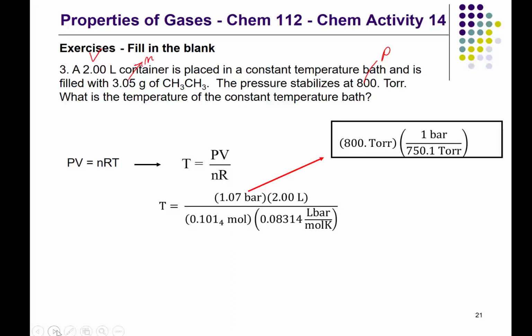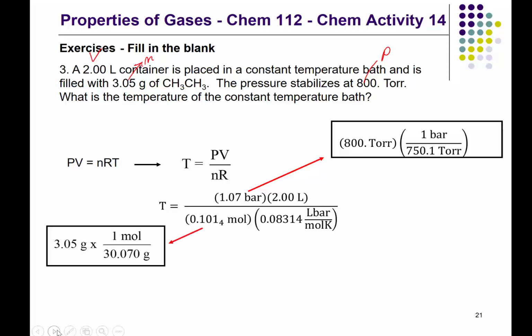Further, I'm going to need to change that mass of 305 grams of ethane. That's what that CH3CH3 is. So I divide by the molar mass. 2 liters is perfectly fine in terms of the units because, of course, my R value has the units of liters. So when I do this calculation, I come to 253 Kelvin. So, of course, this is a temperature below 273 Kelvin, so it's actually below 0 degrees Celsius.